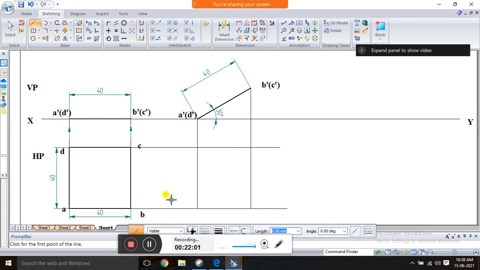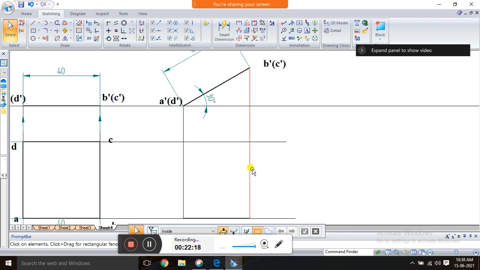After that you join A to B, B to C, C to D exactly with the help of the scale. This point should coincide with this.